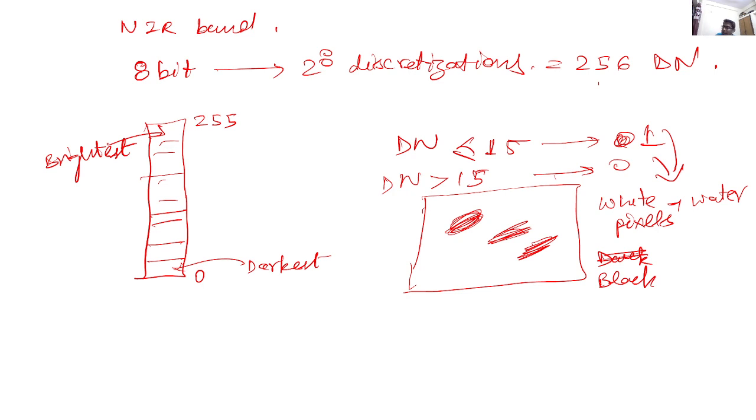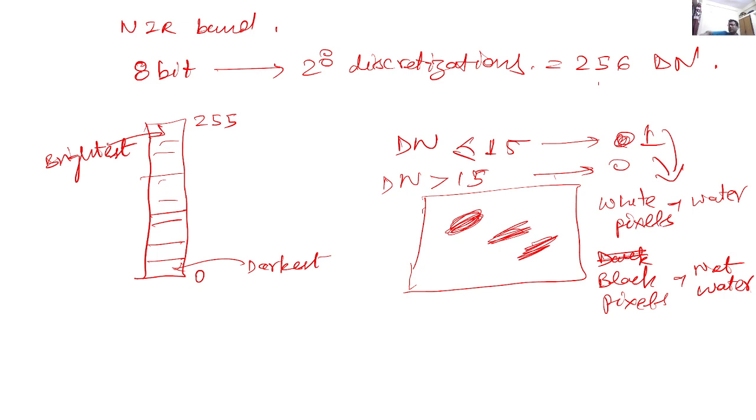So fully white would be the ones which we are assigning as water pixels, and fully black are the ones which are not water. They may be anything, but that is not a concern for this.